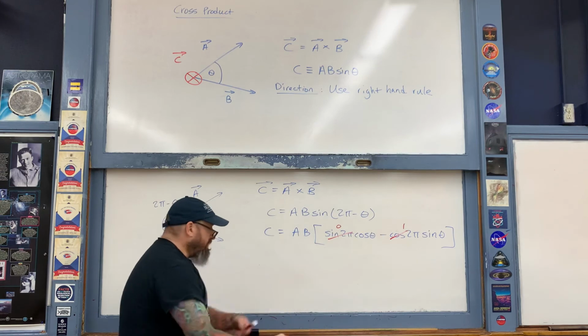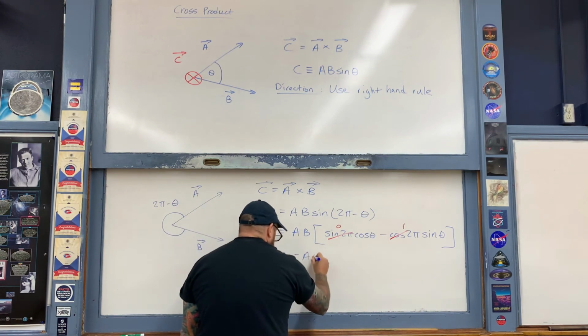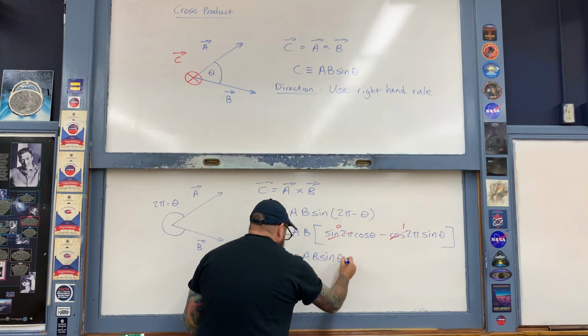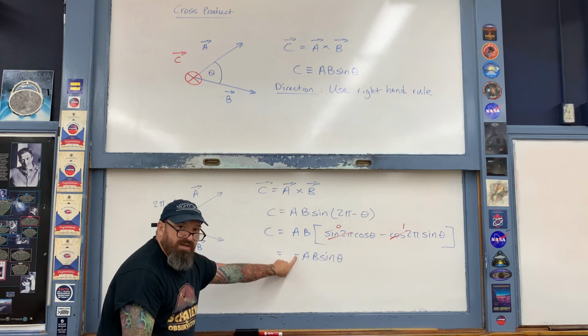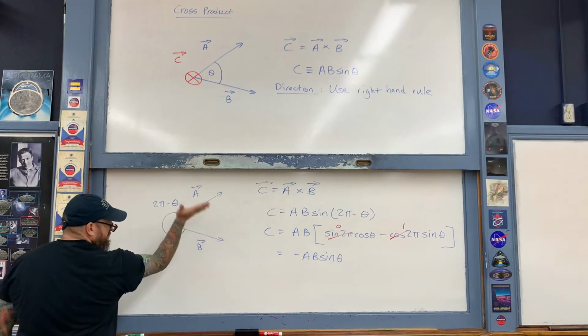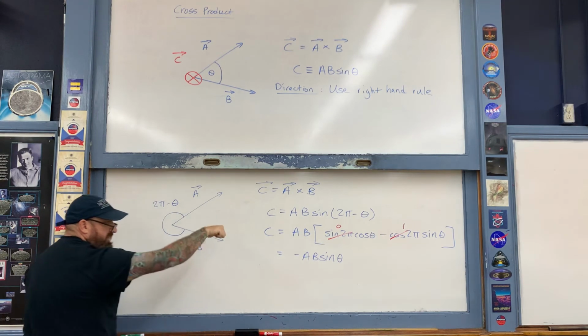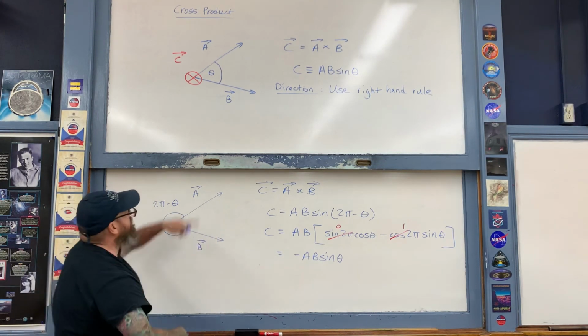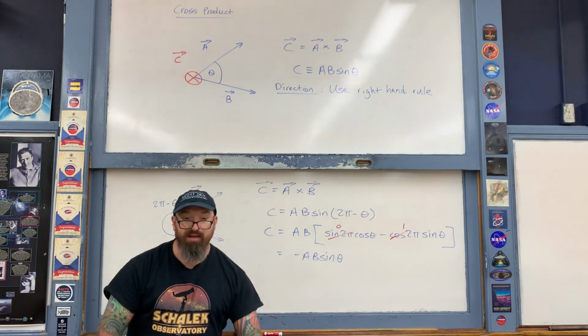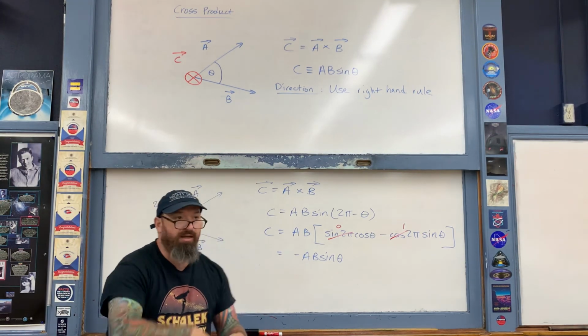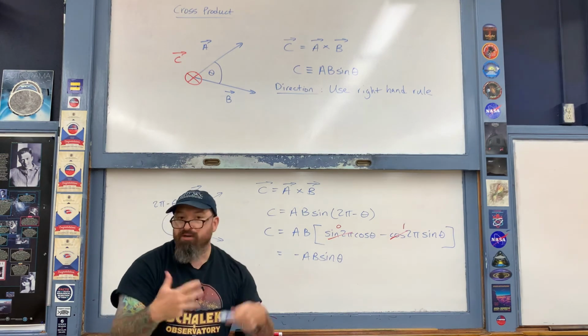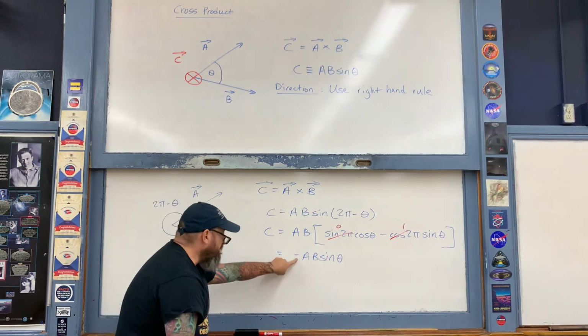And after you do the math, you end up with negative AB sine theta. What do you suppose the negative sign does when I go A cross B? It reverses the direction of my thumb back into the board, exactly as it should be on the top board when I originally did A cross B. So there actually is no contradiction because of this negative sign.